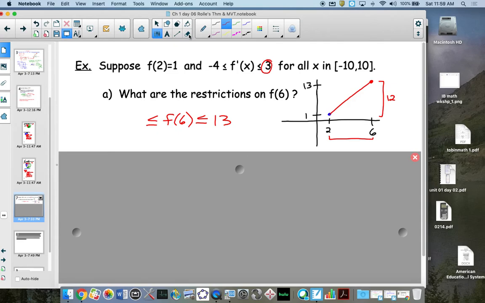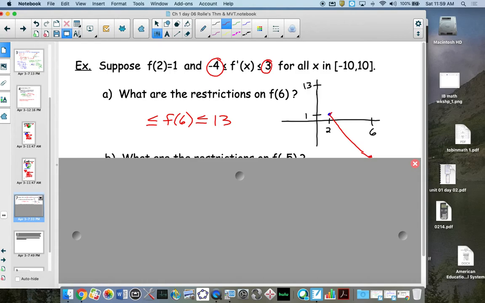Now, what about in the other case? What if it was decreasing instead of going up? Well, the most that it could go down for every 1 unit would be -4. Let's say the derivative was a constant -4 all the way through the interval from 2 to 6. That means that for every 1 unit we go over, we go down 4.